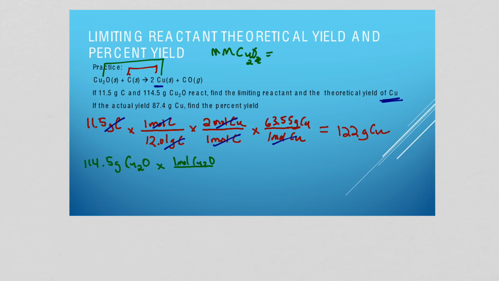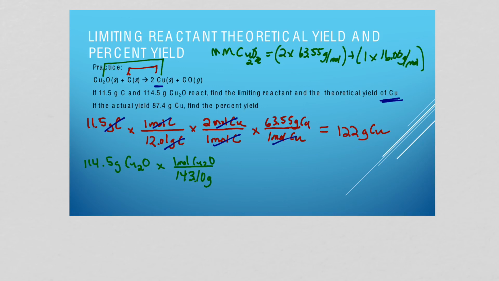So we got 2 times 63.55 grams per mole for the copper, plus 1 times 16.00 grams per mole for the oxygen. We put all that together and we have 143.1 grams for every mole of copper oxide.